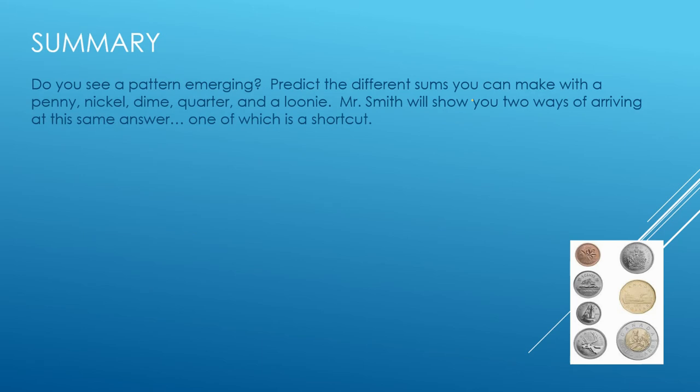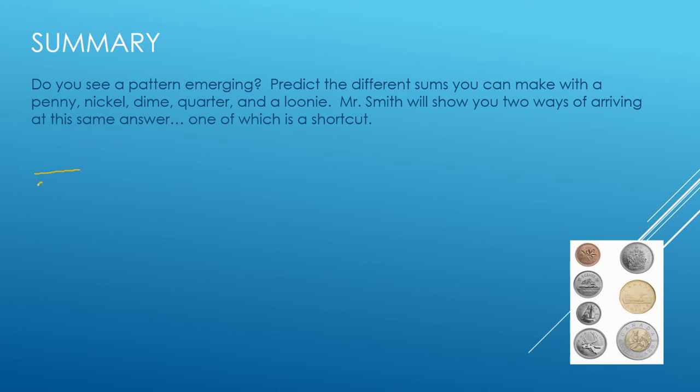So maybe you've predicted the number of ways you can make sums with a penny, nickel, dime, quarter, and a loonie, so 5 coins. I'm going to show you 2 methods here. The first one is kind of like the long way of doing things.